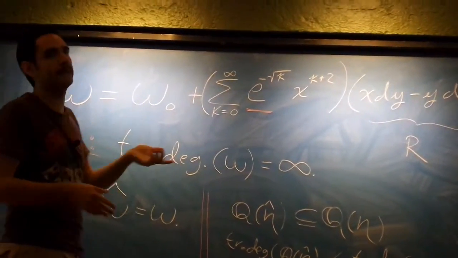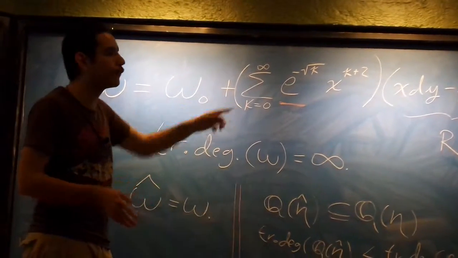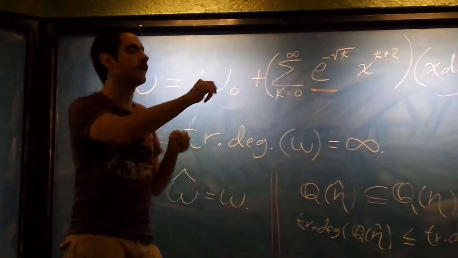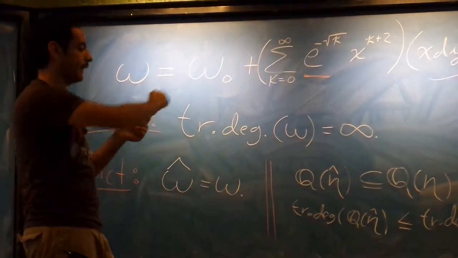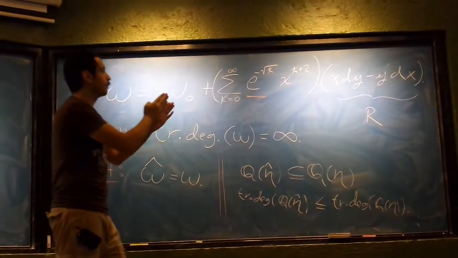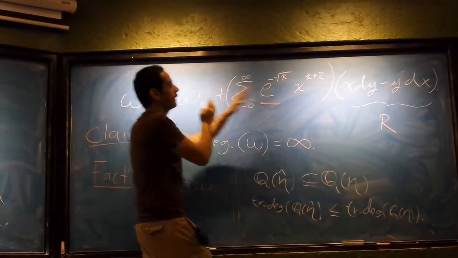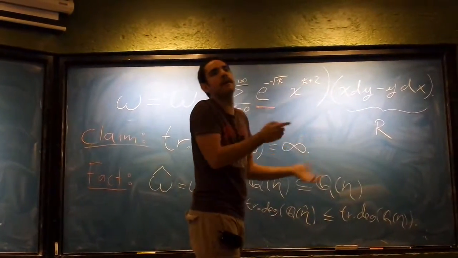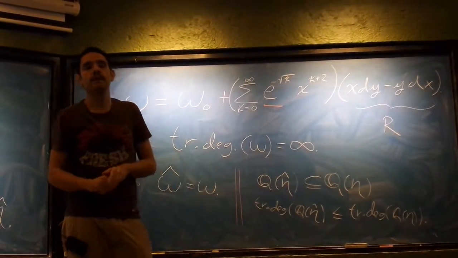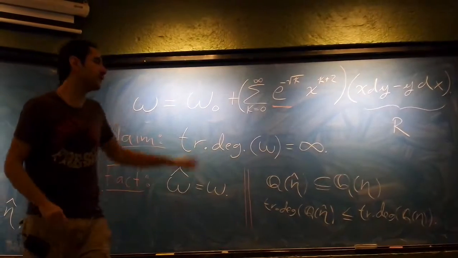It means that the one form is giving you a linear subspace of the tangent space. But if it's invariant, it means that at every point in the line, you're getting the same line. So globally, the sum of them is still going to be invariant.